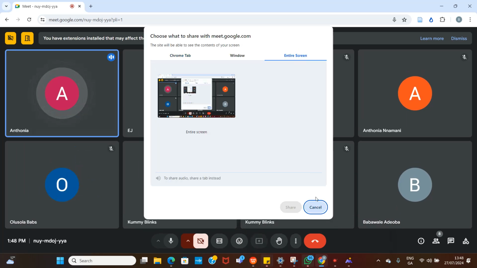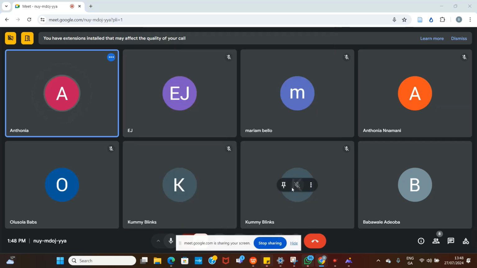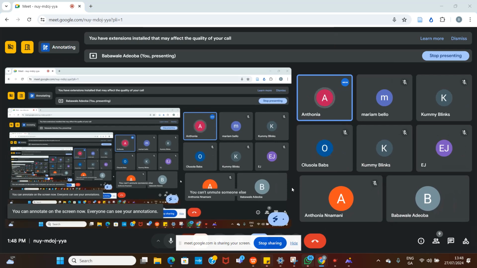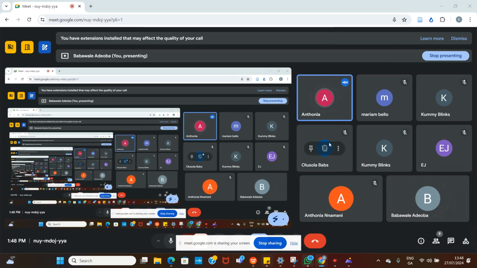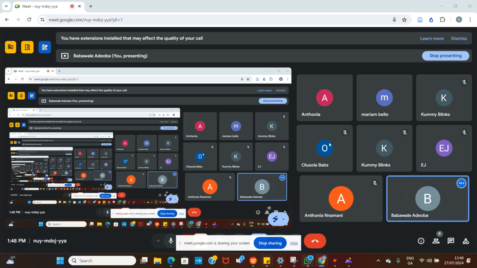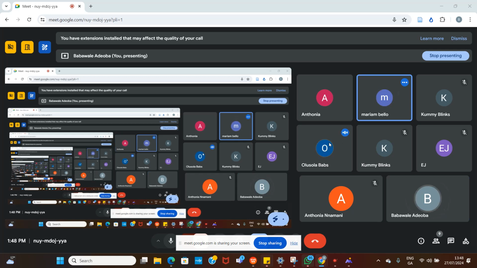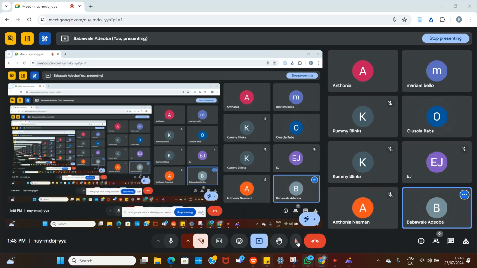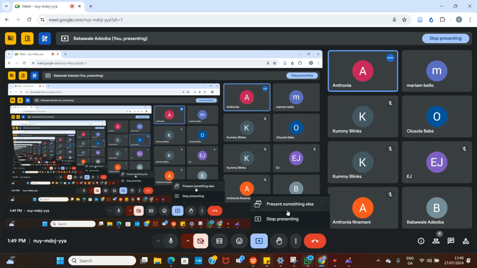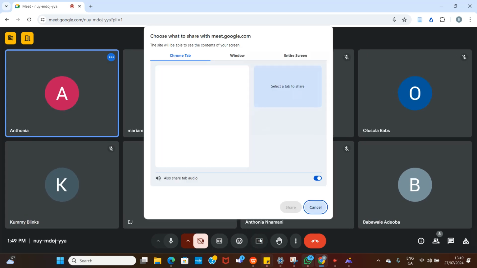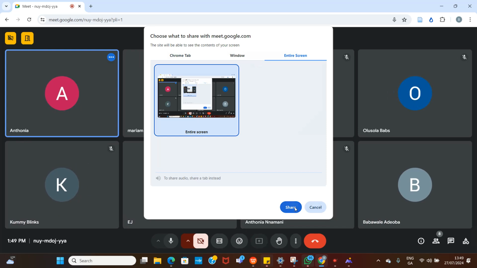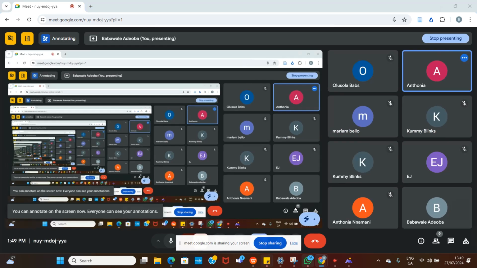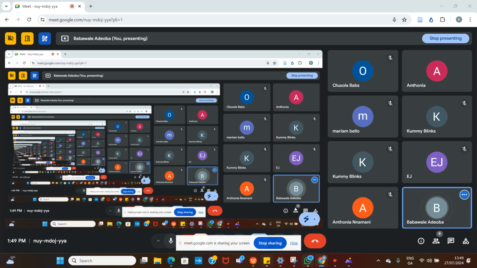Can you see my screen now? We are only seeing your cursor move.